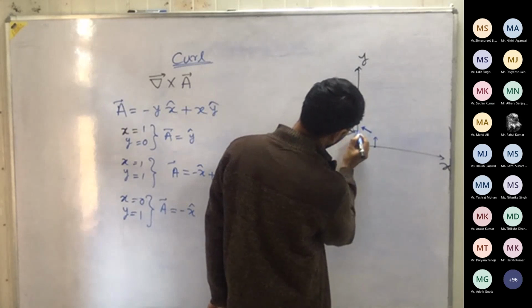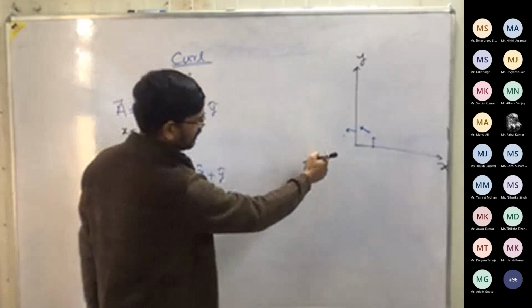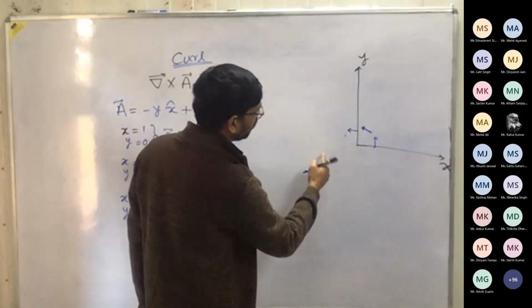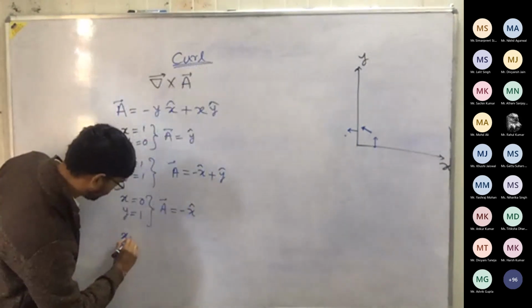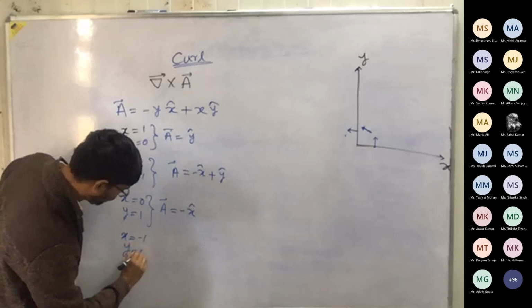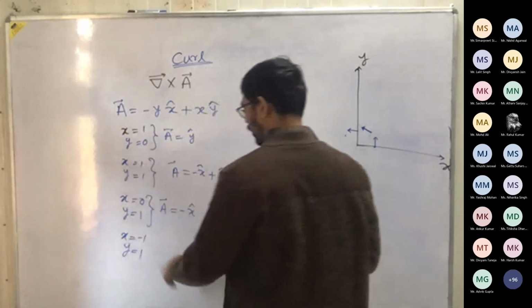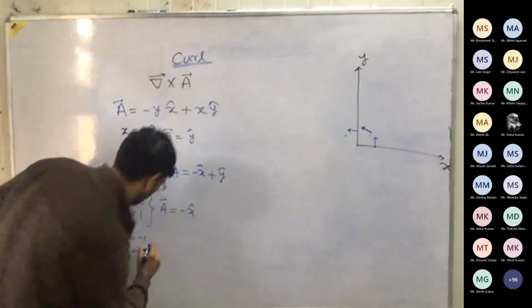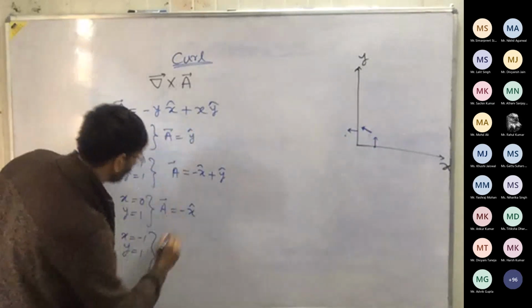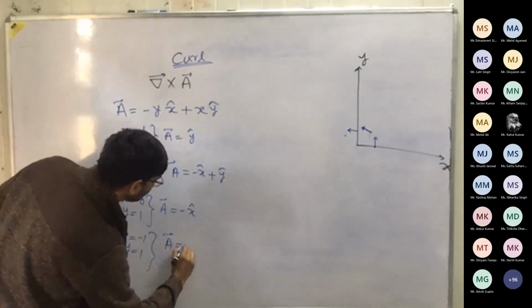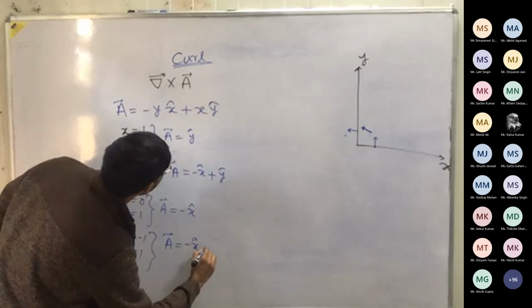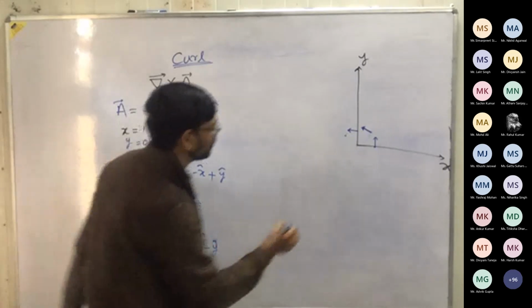And then let me take this point. So this point means x equal to minus 1, y equal to 1, so minus x cap minus y cap.